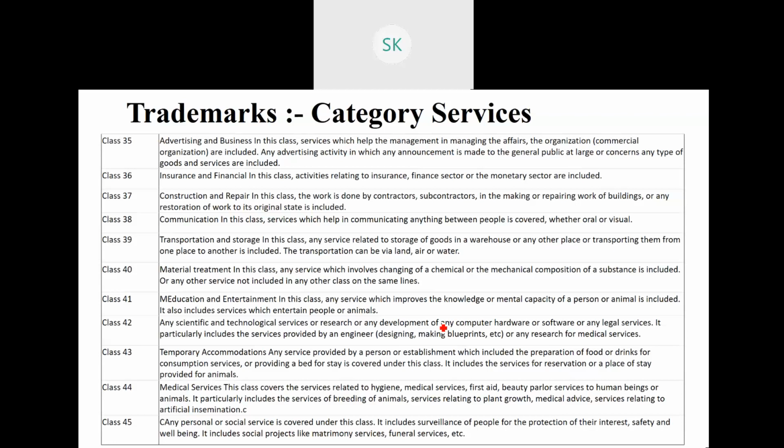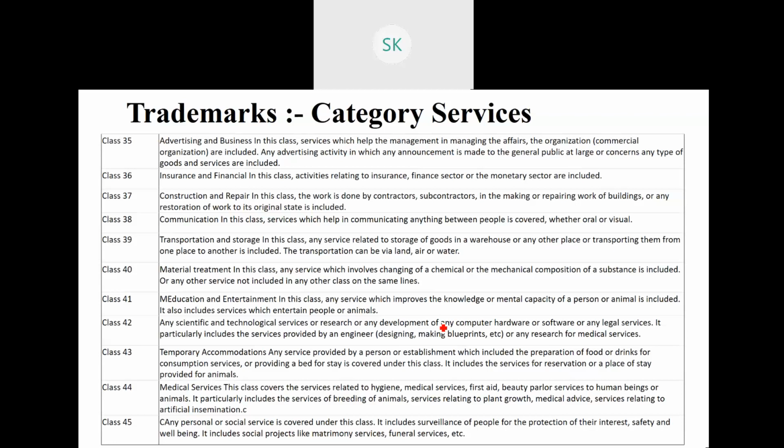Then going to the last class of trademark classes, we have any personal or social service covered in class 45. Maybe someone is doing a social service like NSS, the National Service Scheme. I'm also a member of NSS, so we do social service.